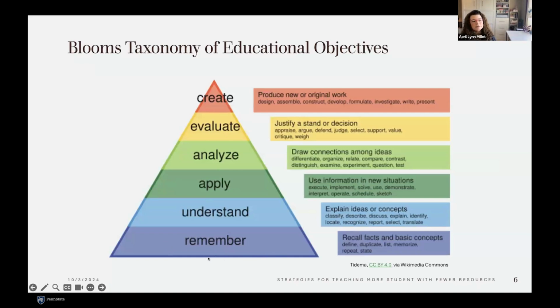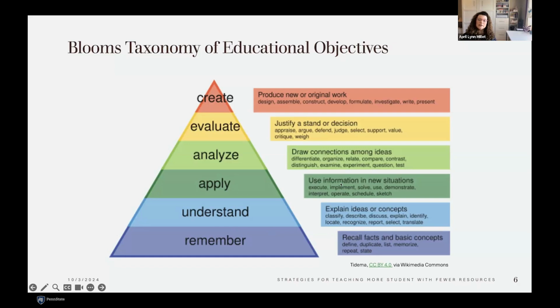It classifies learning into six cognitive levels, ranging from a lower order, down here with remember, all the way up to create for the higher order thinking or learning skills. Each level requires different types of assessments to evaluate them, to make sure that students are reaching mastery for whatever particular skill they're supposed to be able to do.